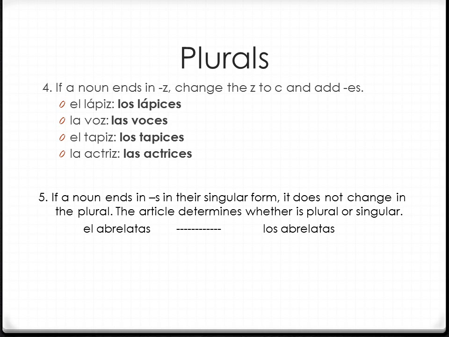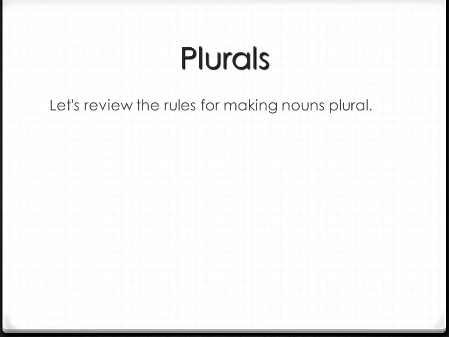If you say el abrelatas, it ends in an s, but el is telling you that there's only one. When we want to make it plural, then we say los abrelatas. The word stays the same, but it is the article which tells you if it's plural or singular. El sacapuntas, los sacapuntas.